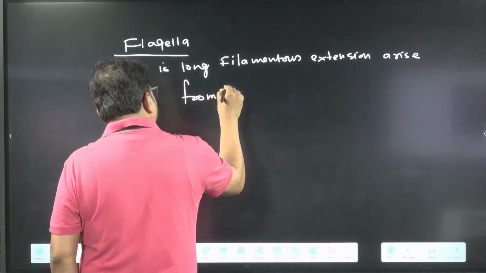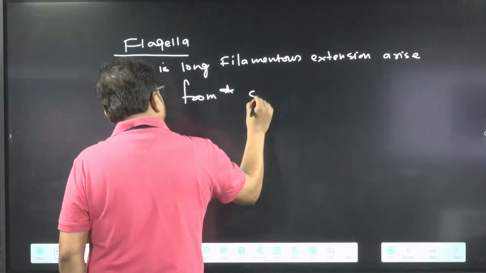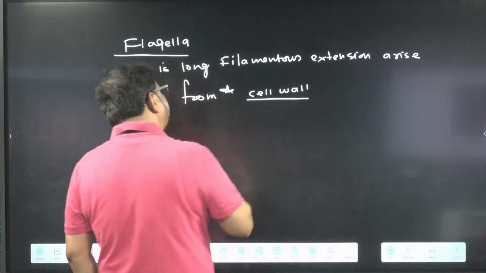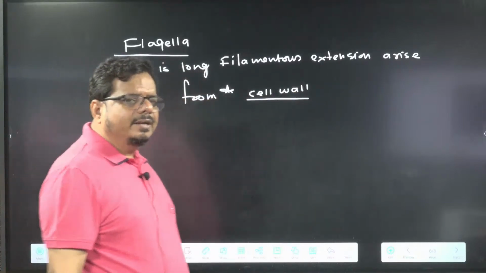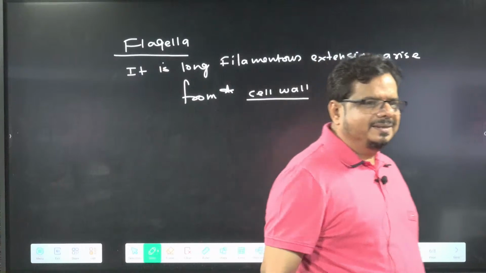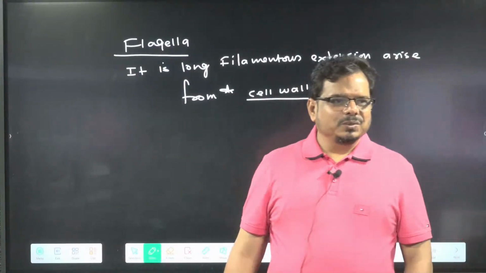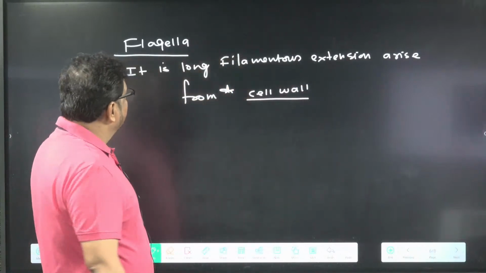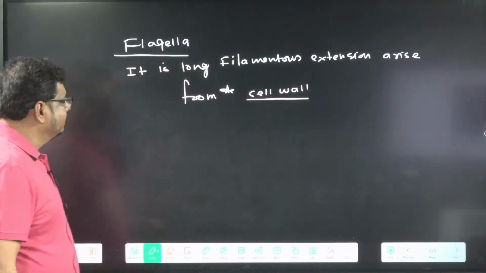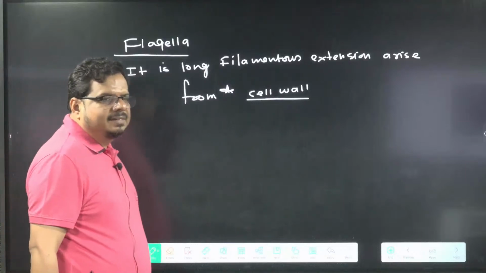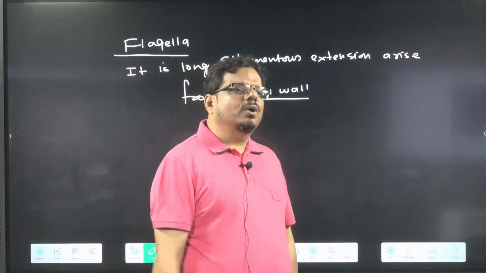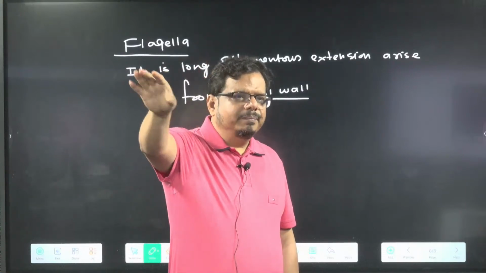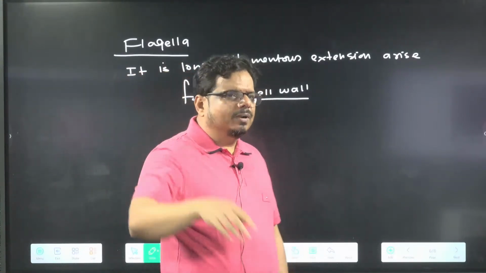I am writing a star here. It is written in NCERT. And why am I mentioning a star here? Because NCERT did not write it correctly. So I am striking this word. Got the idea or not? So it is a long filamentous extension arising from the cell wall. Flagella, you use your common sense. Flagella can move. Locomotion. What is the function?